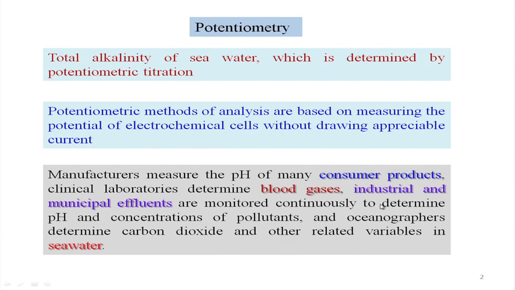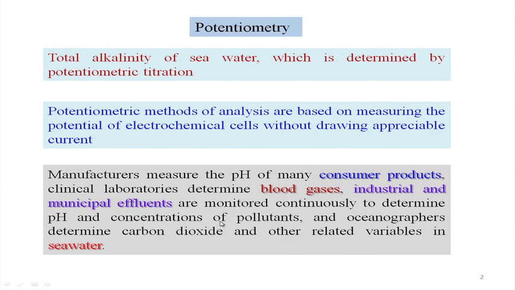Then we have the industrial and municipal effluents. The bases or the acids, because depending upon the industrial activity, you discharge into some drain water or ultimately to the river water or to the sea water, that solution is your municipal effluent, and that municipal effluent can have either an acidic nature or a basic nature.